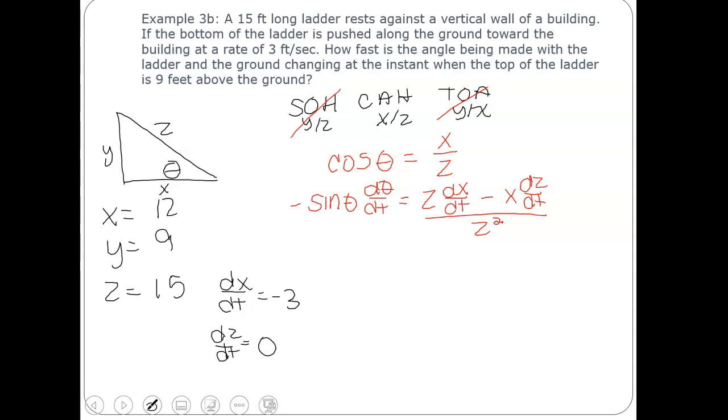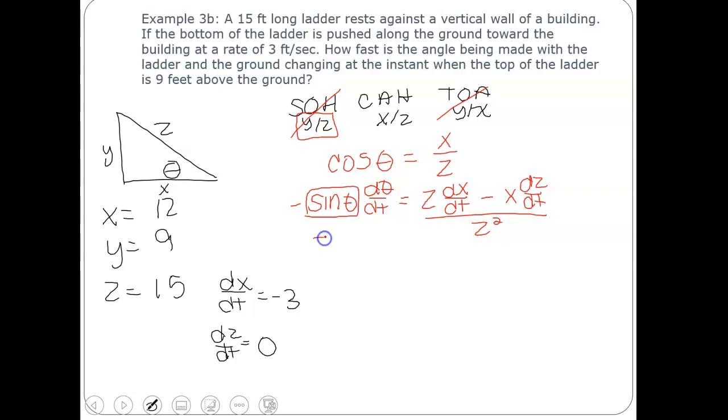Instead, what I say is, okay, this is sine theta. Well, sine theta is the equivalent of y divided by z, right? So instead of trying to figure out what theta and all of that junk is, I just replace sine theta with y over z.